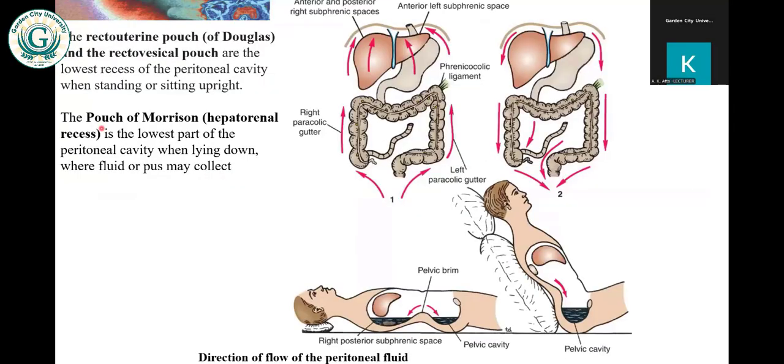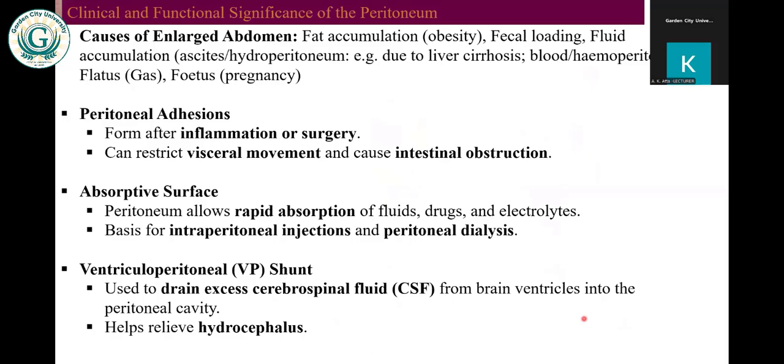And I explained that when there's too much fluid in the peritoneal cavity, maybe there's infection, if the person is placed in the supine position, the fluid will accumulate in the pouch of Morrison. And when the patient is sitting or upright, the fluid will collect in the pelvic cavity. In the pelvic cavity, we have the space between the bladder and the rectum in males, and in females between the uterus and the rectum, which we call the pouch of Douglas.